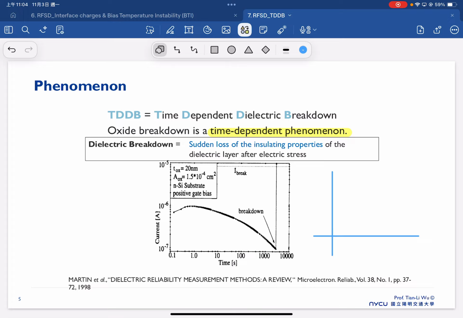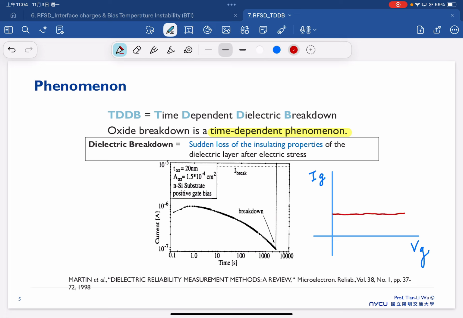We try to characterize our device with IG versus VG here. And if we can fabricate a good device that has a good dielectric, normally we get a very flat gate current here.